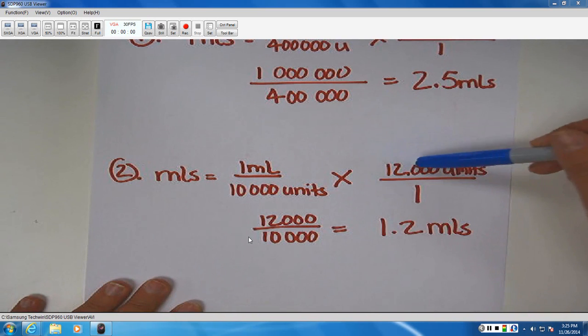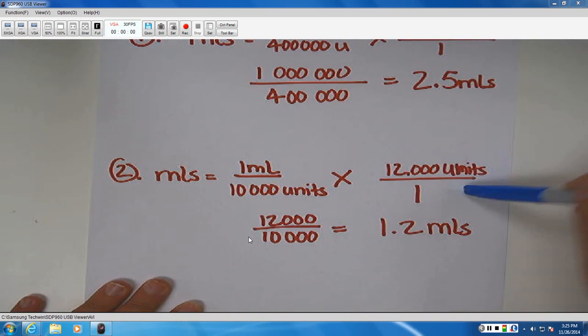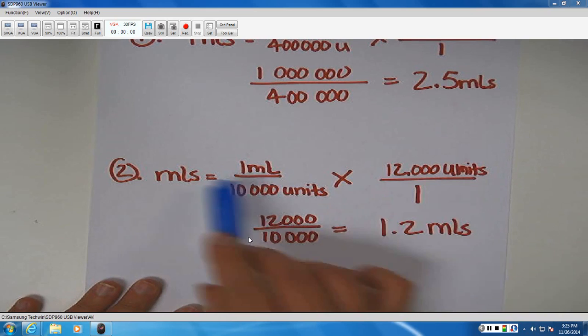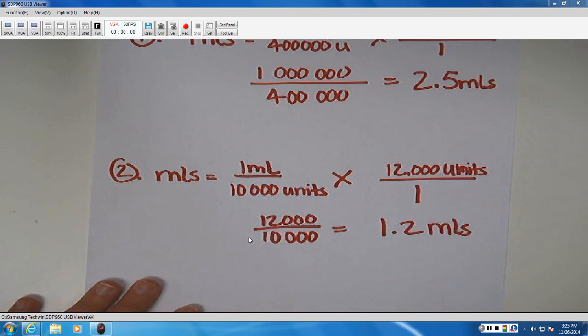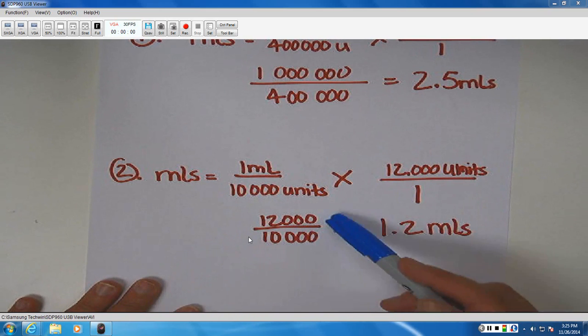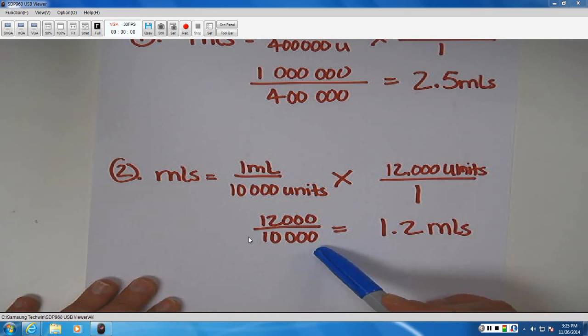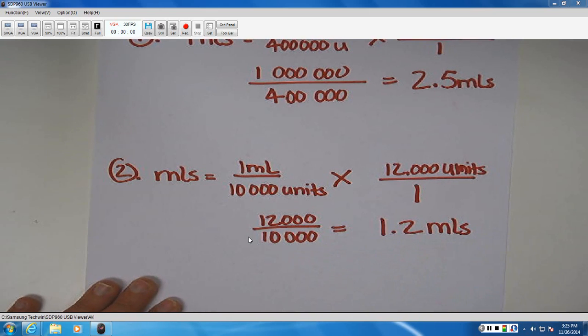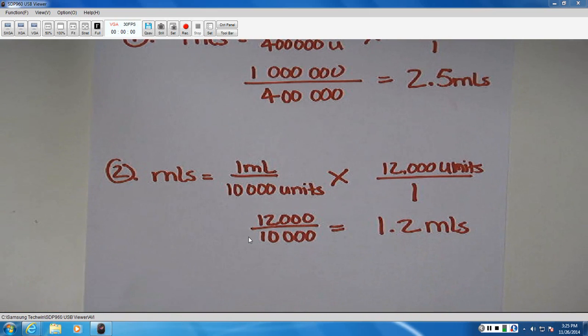So I have 12,000 units over 1 over here. Then I just multiplied straight across the board, and I end up with 12,000 divided by 10,000, and that gives me 1.2 mLs. So I'm going to give my patient 1.2 mLs in order to give them a total of 12,000 units.